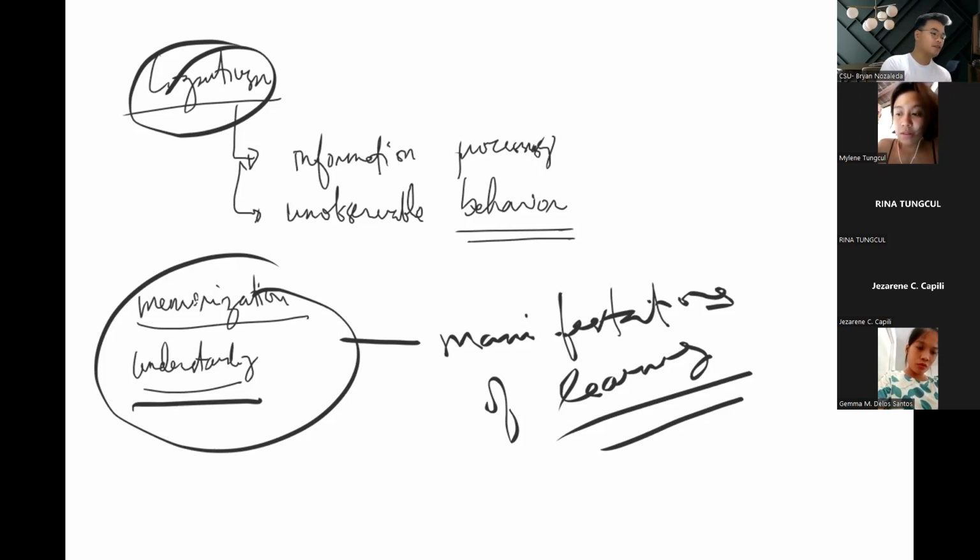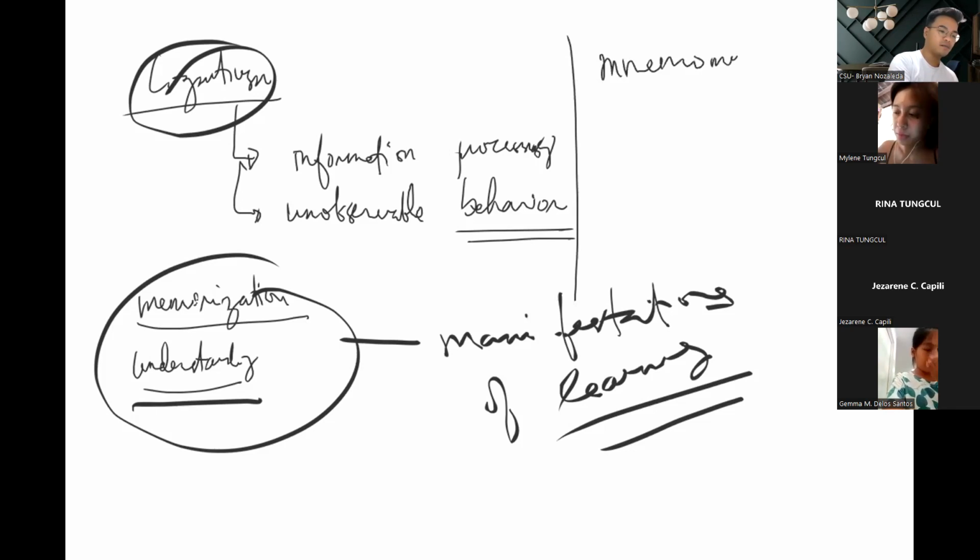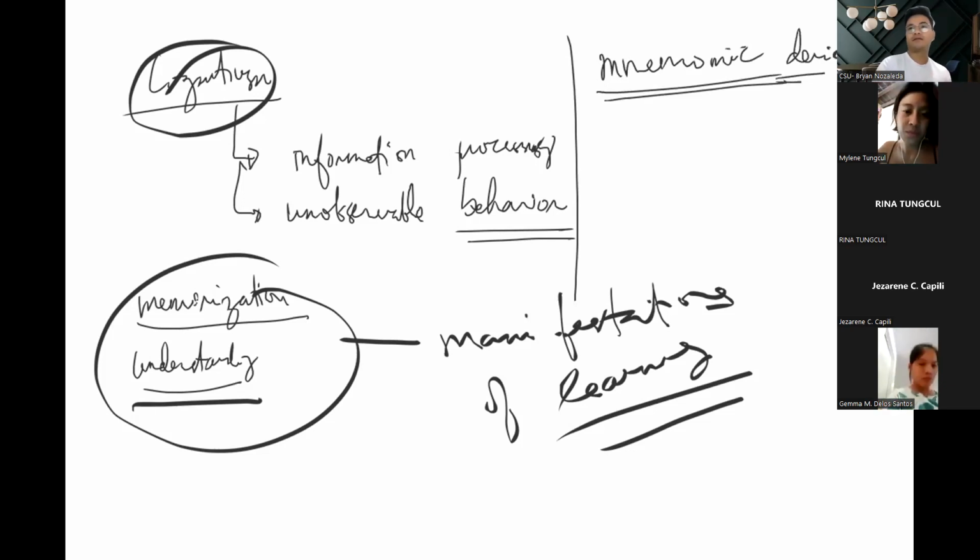And in fact, even though it's cognitivist or behaviorist, there are technologies in education that are used in order to foster yung concept ng cognitivist sa learning. For example, mnemonic devices are cognitive devices. You know what mnemonic devices are? Mnemonic, M-N-E-M-O-N-I-C.